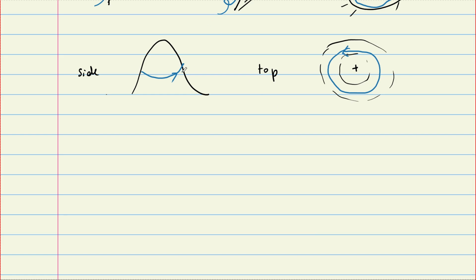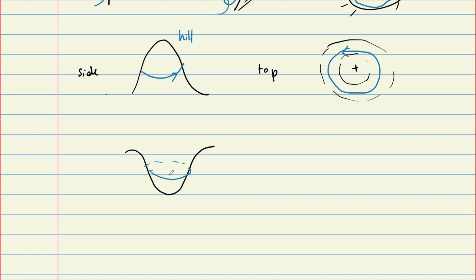But we can also do exactly the same thing. So this is a hill. We can also think about a valley like this. Suppose there's a valley here. In this case, the electron is not going to do this, it's just going to reverse its direction, right?